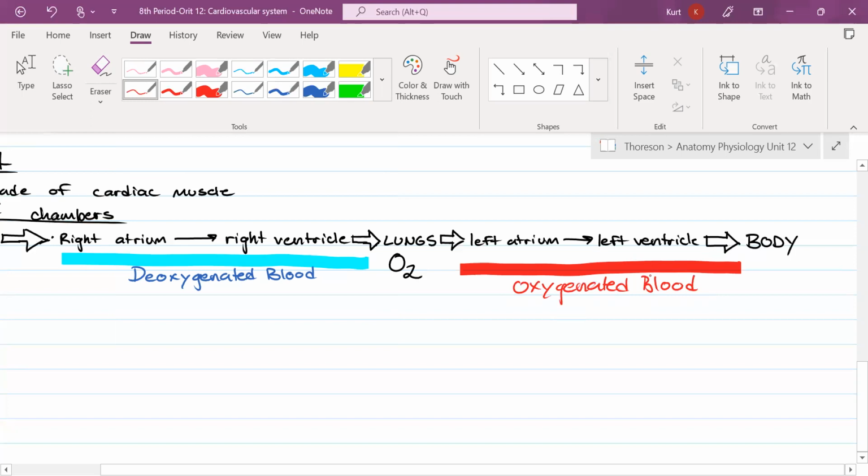This is going to be the left side of your heart. So the right side of your heart is the deoxygenated side. The left side of your heart is the oxygenated side.